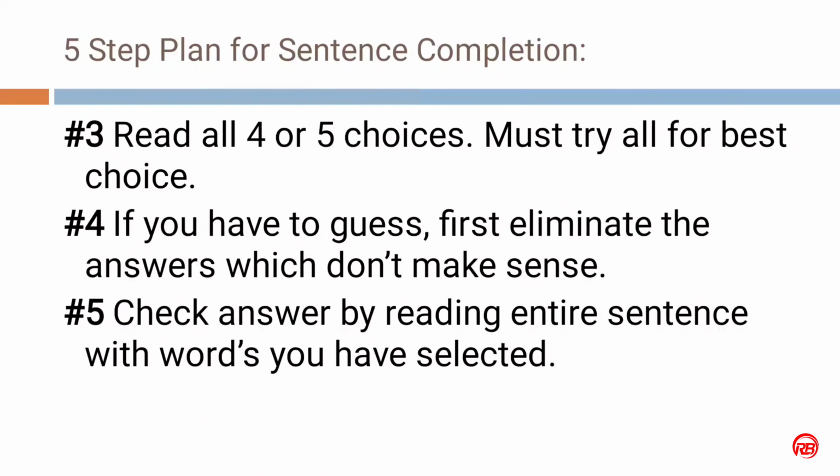If you couldn't find any sense with some of the options, you can easily eliminate them. Check the answer by reading the entire sentence with the words you have selected. And finally, read the entire sentence with the word which you have selected.